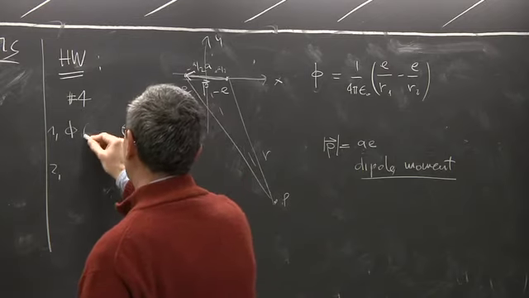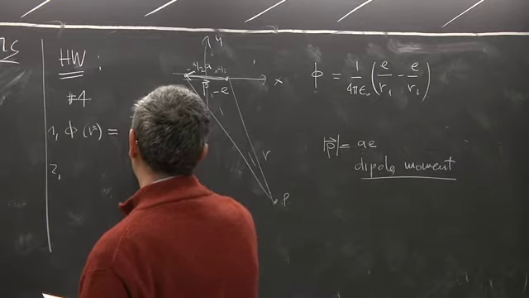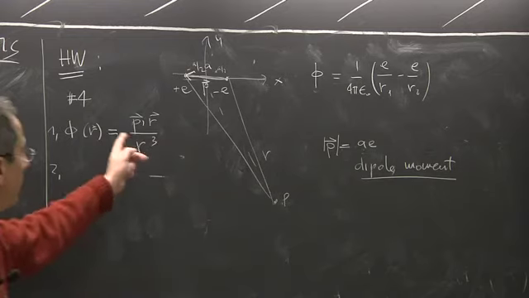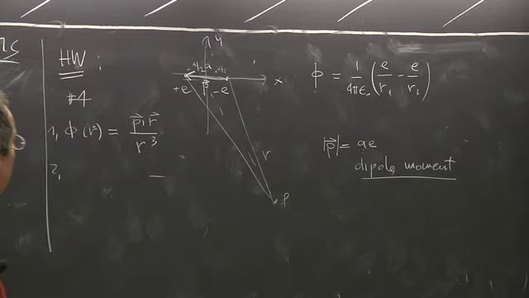Maybe I write it here so it's easier. Verify that the potential is this, where P is what I defined there, and it points from minus E to plus E. So you see, it's a field that goes like 1 over R squared, and is proportional to this dipole moment.